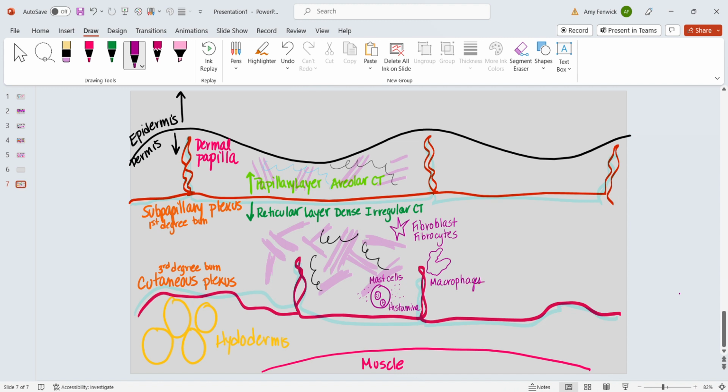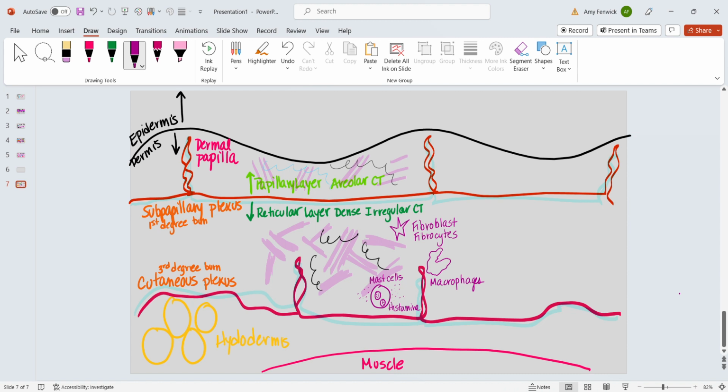And what these do is they move through the dense irregular connective tissue, kind of like a policeman walking the beat, right? And when they sense a pathogen, they'll engulf the pathogen and then notify other immune cells saying, hey, I found this. Do you know what it is? Do you know how we fight it? And the lymphocyte will be like, I do. Thank you for bringing this to my attention.